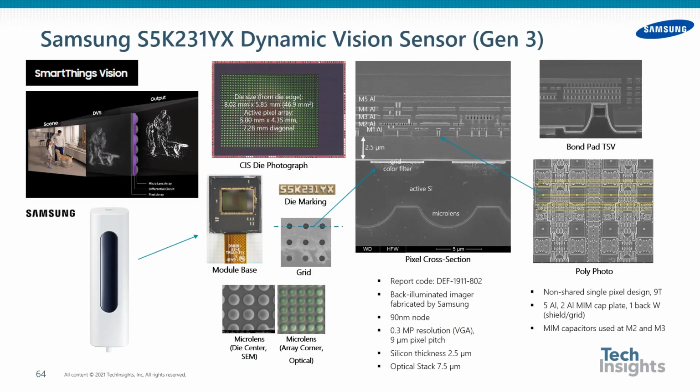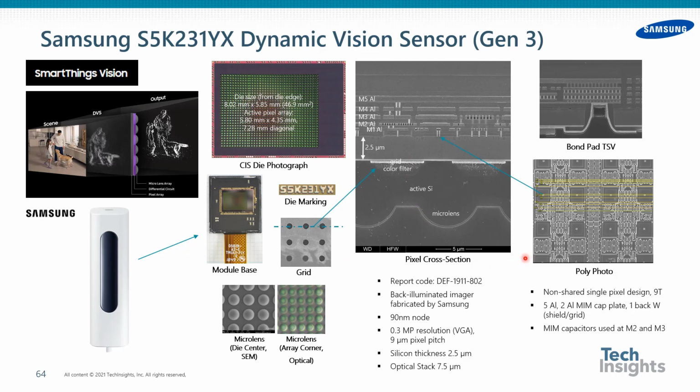If we do a quick overview of the Samsung sensor that we've analyzed, the S5K231. So here we show the die photograph, the module base, and the microlens array. This is, of course, monochrome. There is a metal shield or grid with small apertures that is below the microlens that can be seen here.